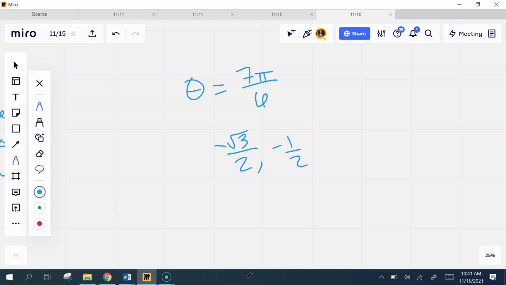So we're just looking for, what if it was 45 degrees? What point would be on the terminal side? Go to that point on your unit circle.